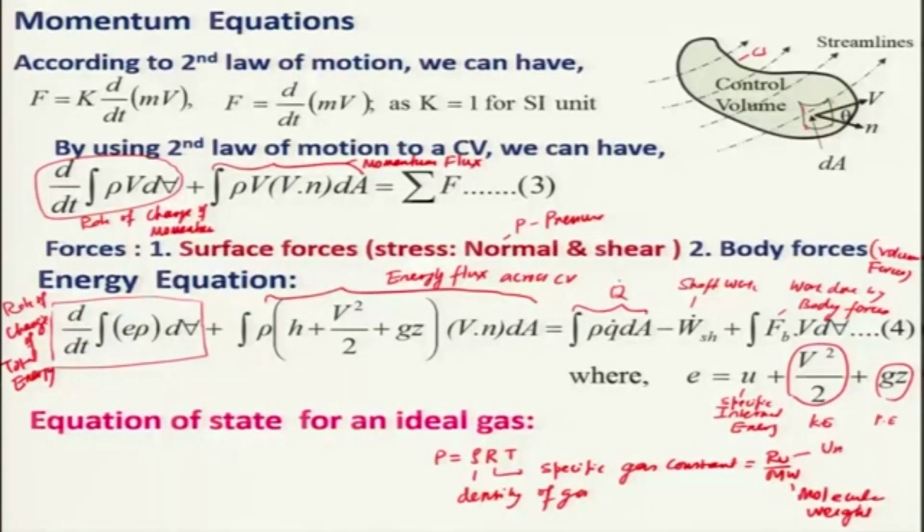Ru is the universal gas constant, and T is the temperature of the gas.